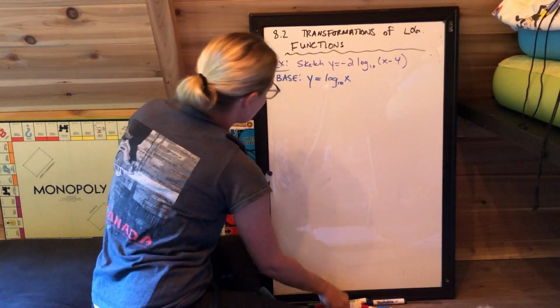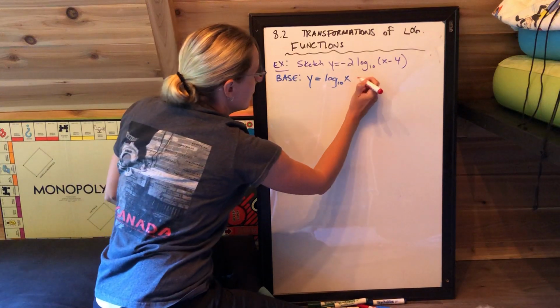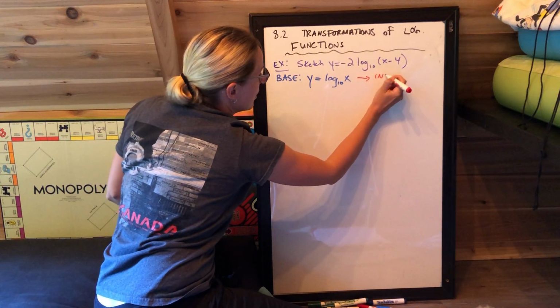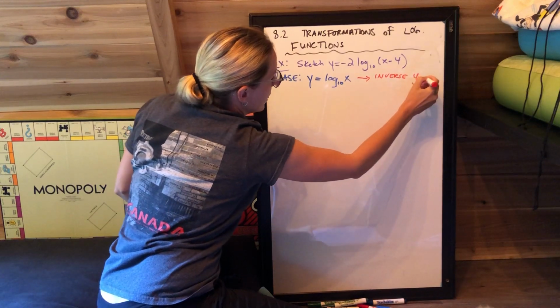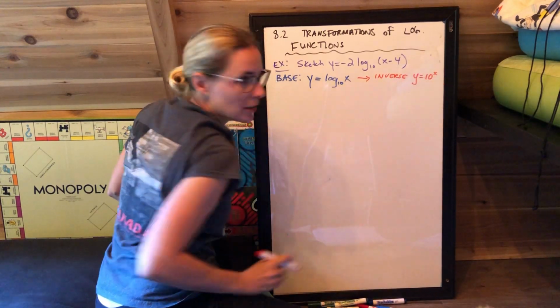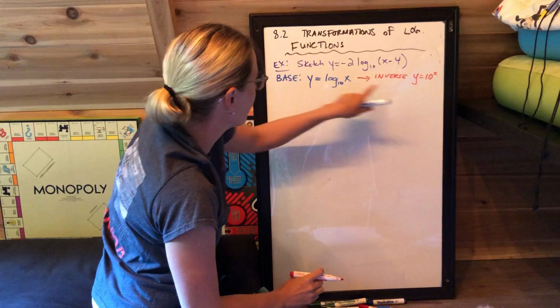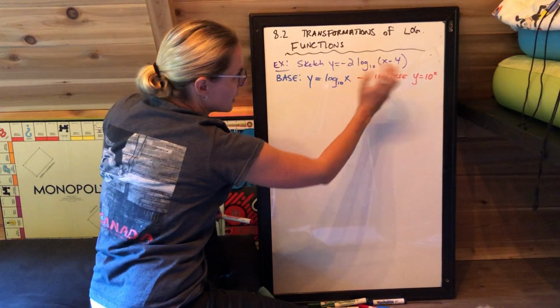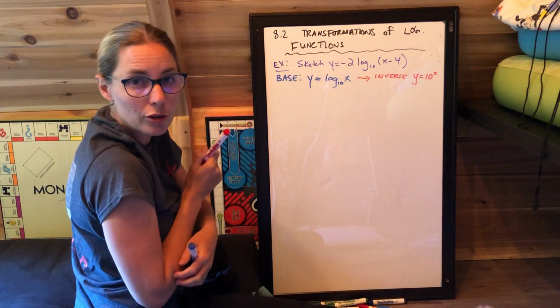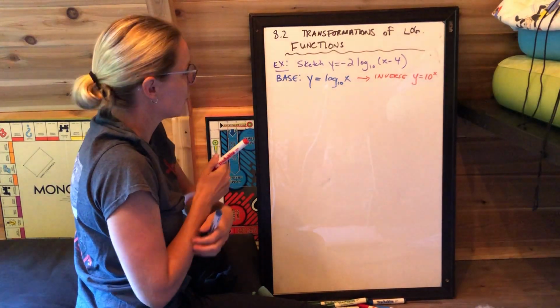Of note, and this is important, you need to realize that the inverse of this is y equals 10 to the x. Okay, because that's going to be important for graphing. So like we did in 8.1, you have to be able to interchange back and forth from the logarithmic function to its inverse exponential function.